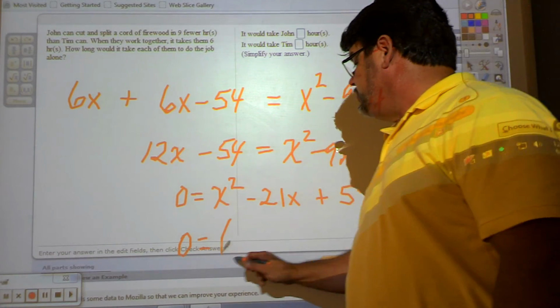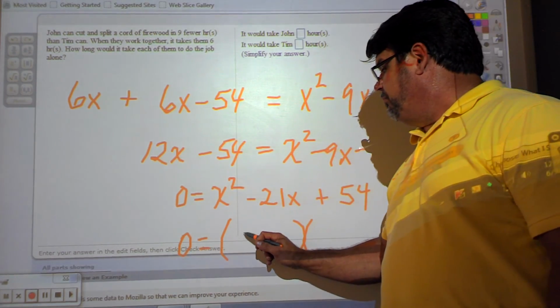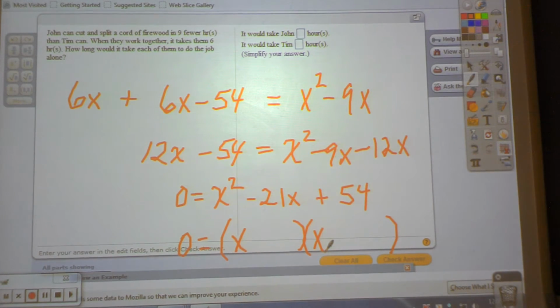0 is equal to, reverse FOIL, x, and 6 times 9, it's not going to give you 21. I must have done something wrong. 2 times 27.